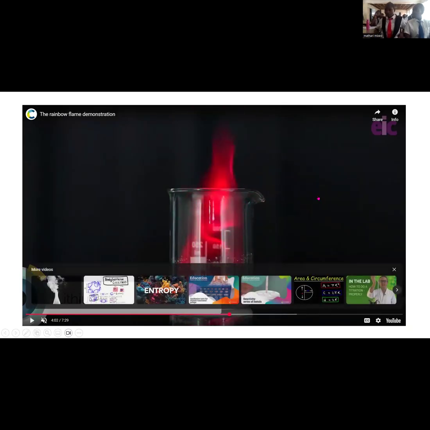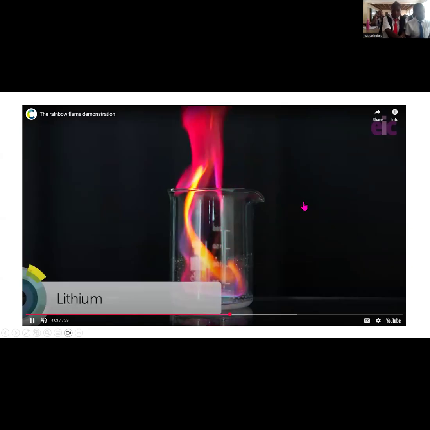Now I'm going to just stop it for a minute and just tell you something. If you were in a practical, paper 3 examination, and you thought something contained a particular chemical like sodium, if you could put it into a Bunsen flame, the color would show you what the chemical is.